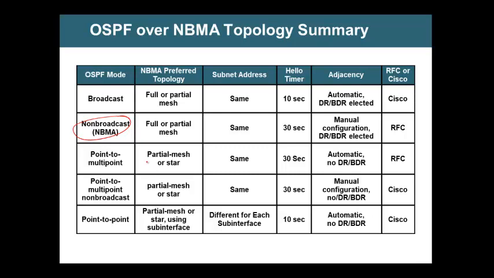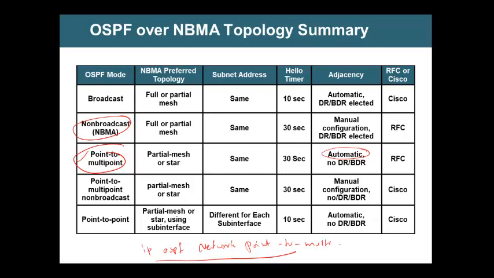Next, point to multipoint is the second mode that we are seeing here. In this, neighbors are dynamically discovered, which means when you switch to this mode by typing ip ospf network point-to-multipoint under the Frame Relay interface where OSPF is running, it overrides the default.